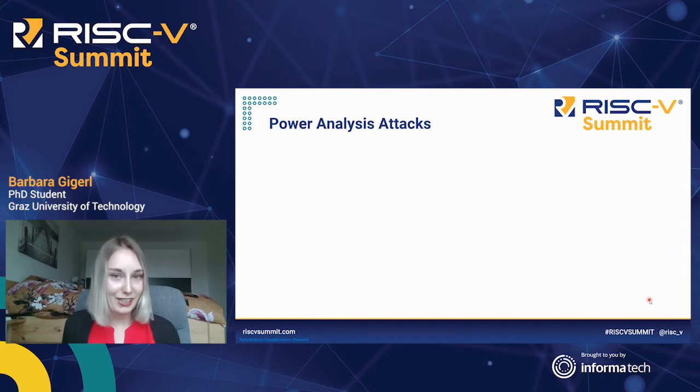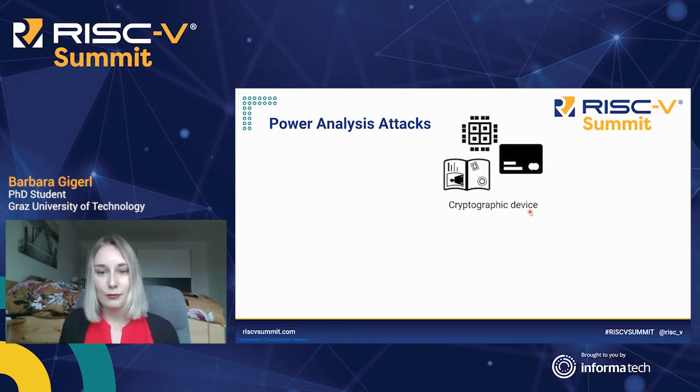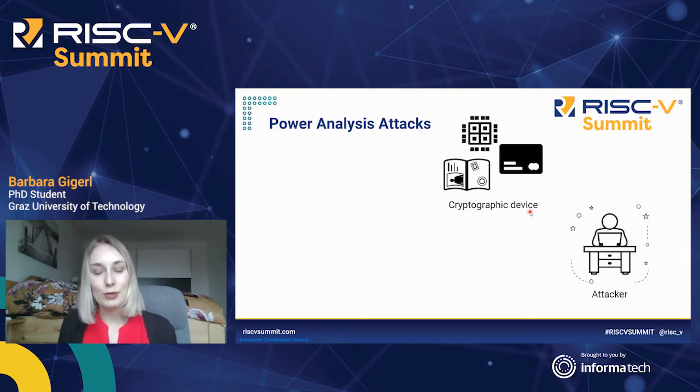This is a specific kind of side-channel attack in which an attacker exploits a cryptographic device which does a certain computation, for example, AES. And the attacker wants to steal a secret key from the cryptographic device while it does the computation.